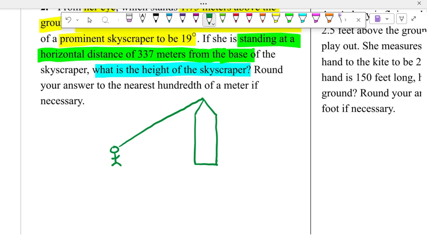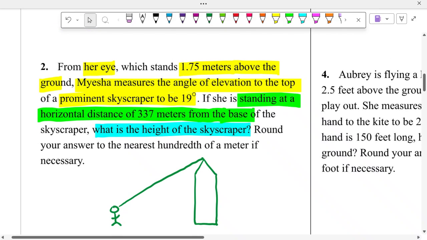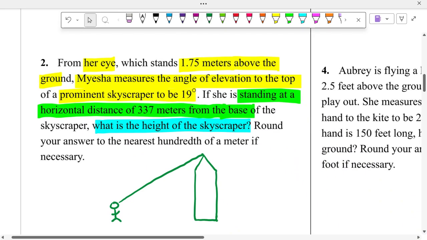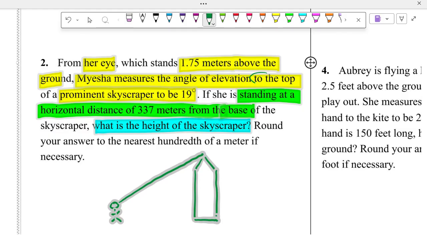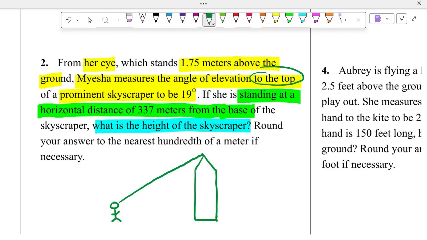She's at the base of it. So she's measuring the angle of elevation to the top of a prominent skyscraper, meaning she's standing at the base. Because it says right here, she is standing at a horizontal distance from the base. So she's standing on the ground. So if it's an angle of elevation, it's typically you're looking up at something. Depression is when you're looking down.